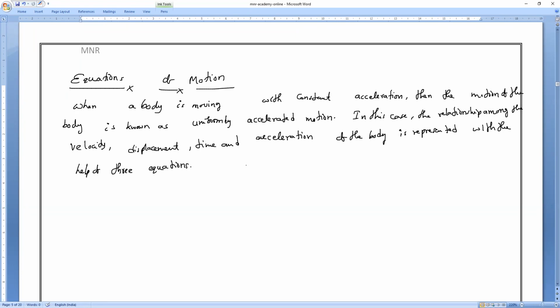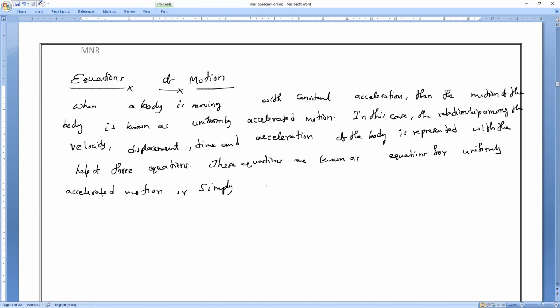These equations are known as equations for uniformly accelerated motion, or simply you can say equations of motion, your choice.